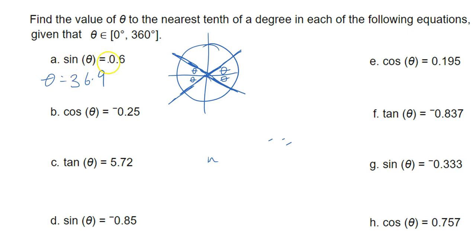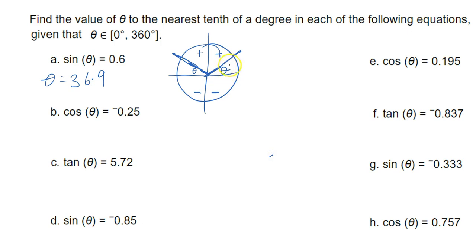So we need to find the quadrants where sine is positive. In the first one, sine would be positive. In the second one, sine would be positive. But in these two down here, sine would be negative, so that doesn't work for ours. So we're only talking about the first quadrant and the second quadrant.